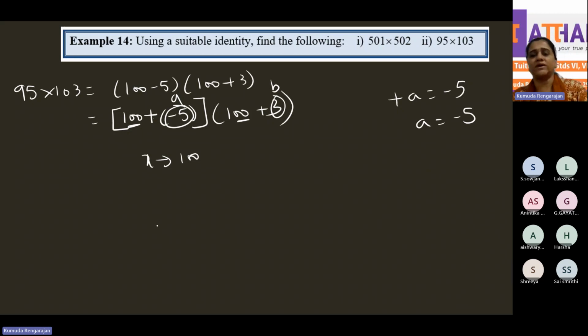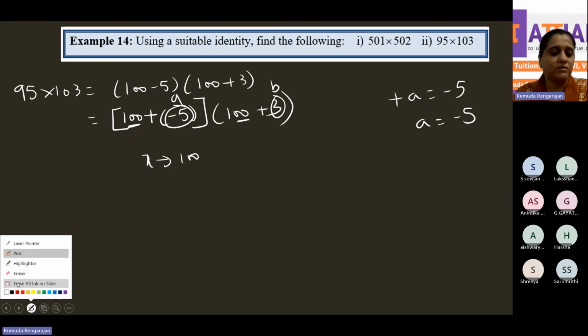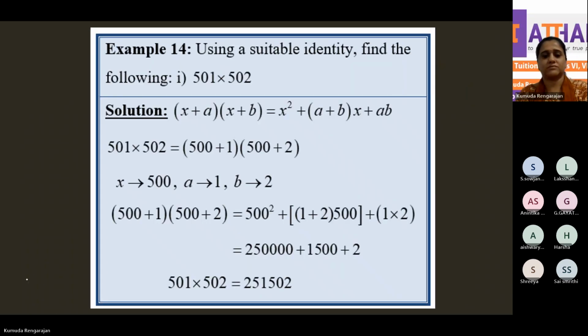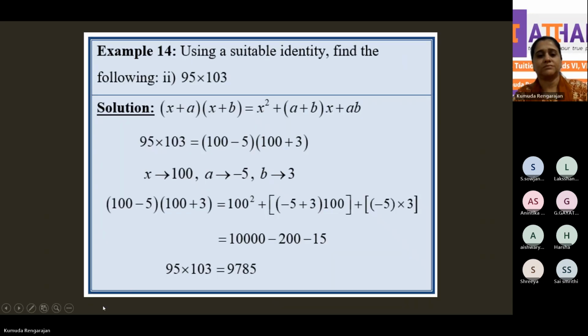So a is minus 5, b is 3. Then you put it in the formula. So when you are working, you can give that step extra if it's not clear.